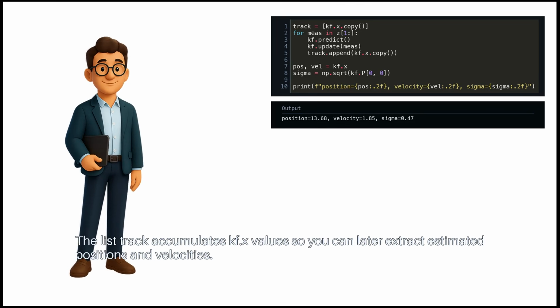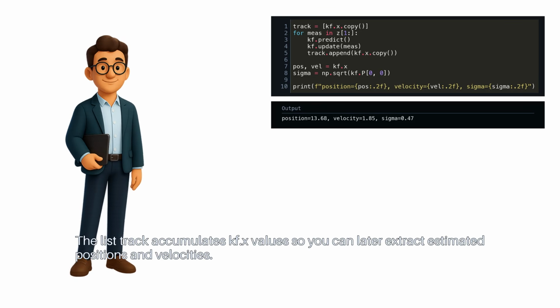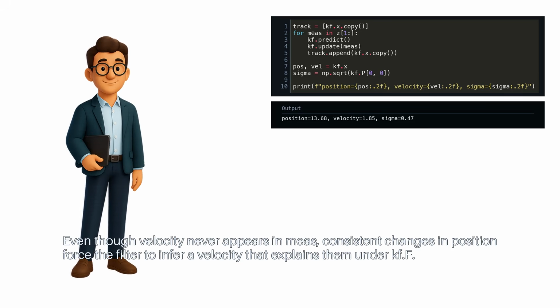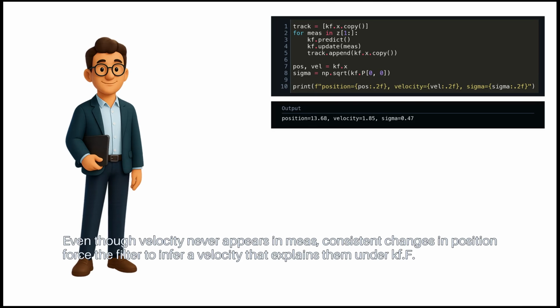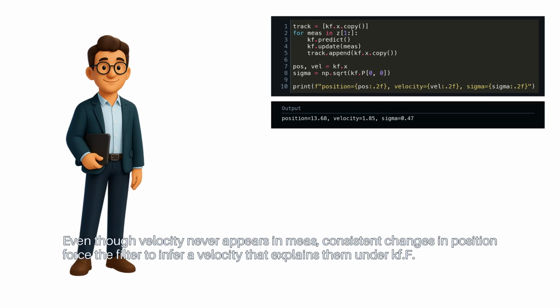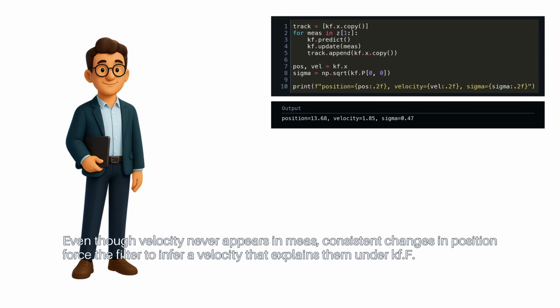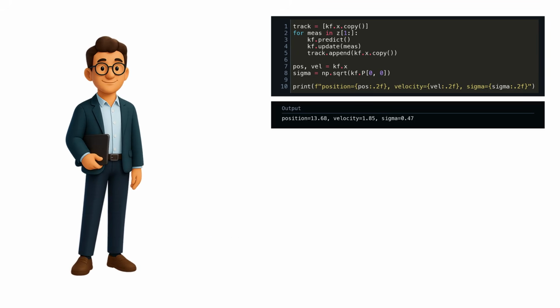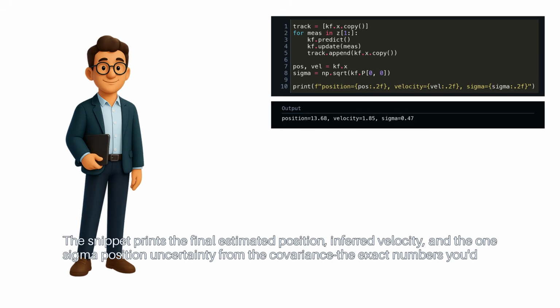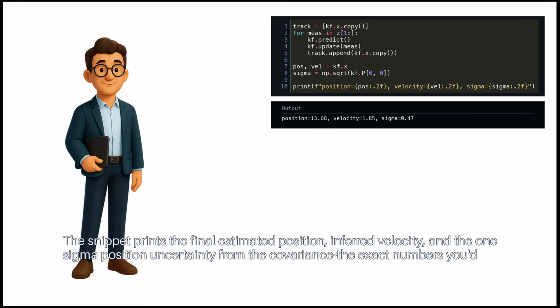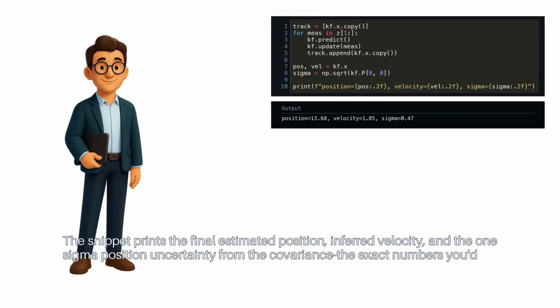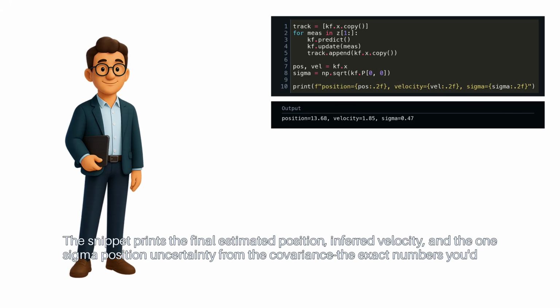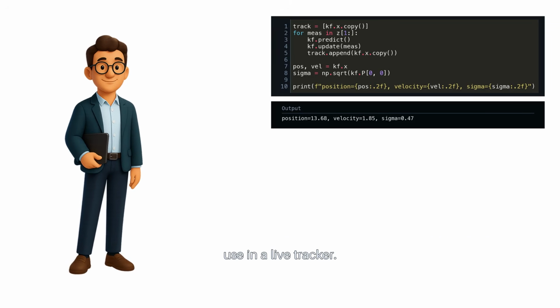The list track accumulates kf.x values so you can later extract estimated positions and velocities. Even though velocity never appears in Z, consistent changes in position force the filter to infer a velocity that explains them under kf.F. The snippet prints the final estimated position, inferred velocity, and the 1 sigma position uncertainty from the covariance, the exact numbers you'd use in a live tracker.